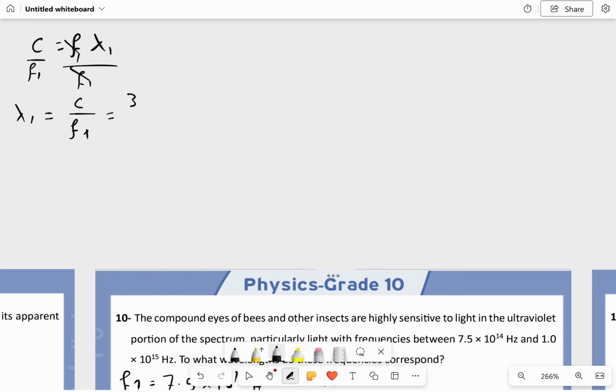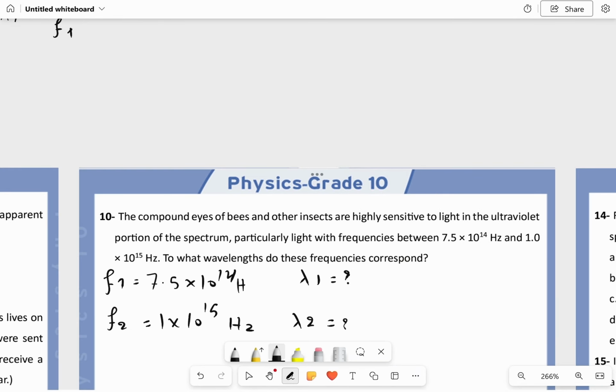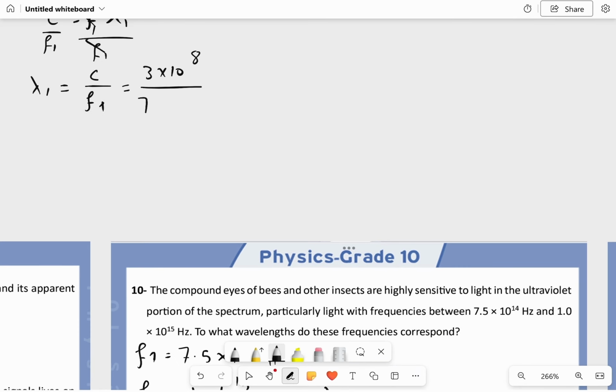Speed of light is equal to 3 times 10 to the power of 8. And then we have F1, which is equal to 7.5 times 10 to the power of 14. Let's calculate this. We have 3 times 10 to the power of 8 divided by 7.5 times 10 to the power of 14.